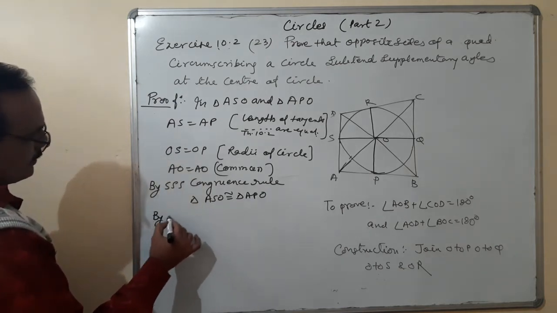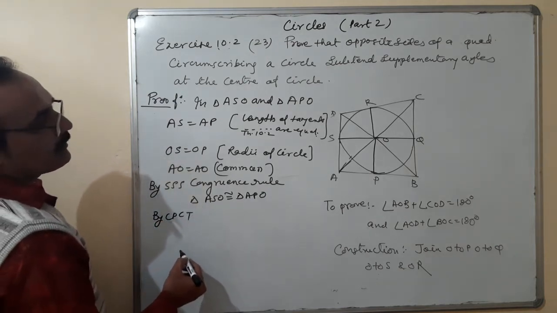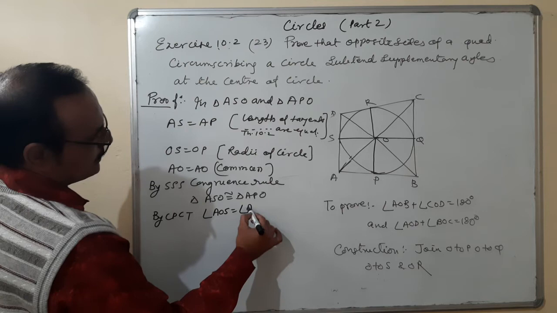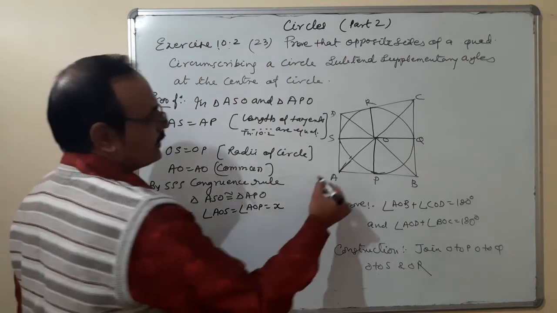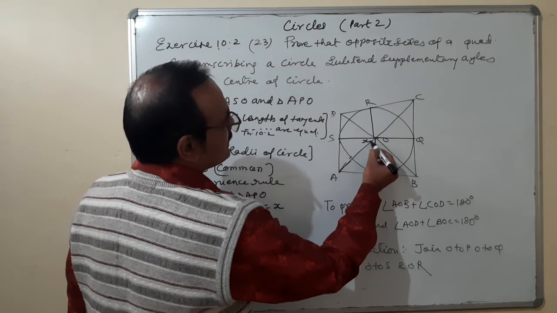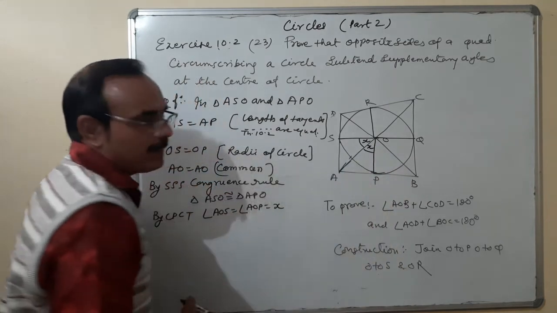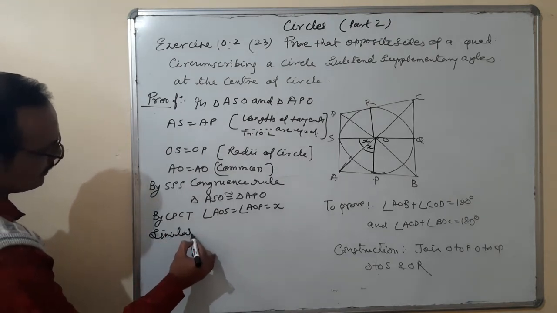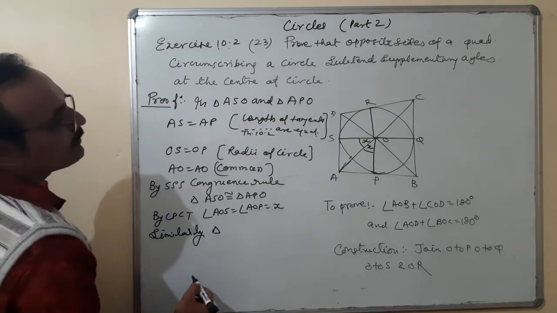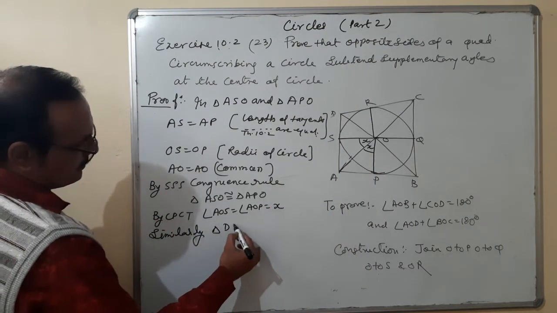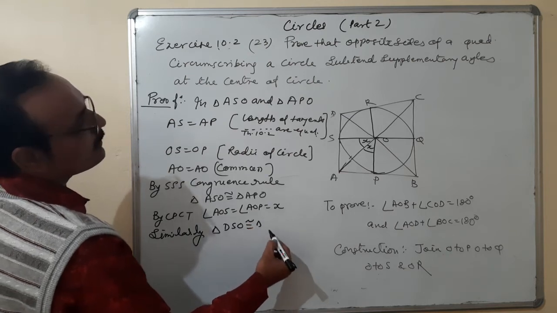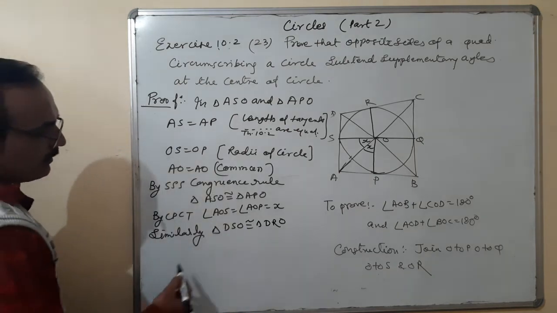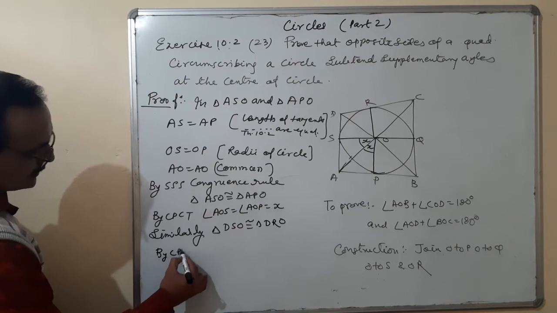Therefore, by CPCT, angle AOS is equal to angle AOP, suppose it is X. Similarly, triangle DSO is congruent to triangle DRO by CPCT.